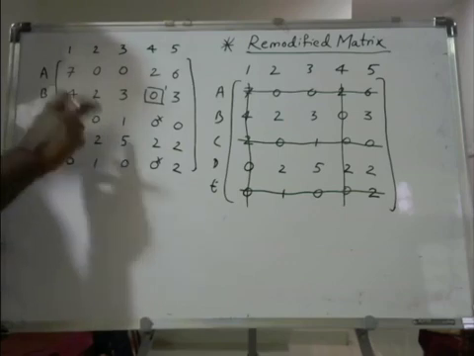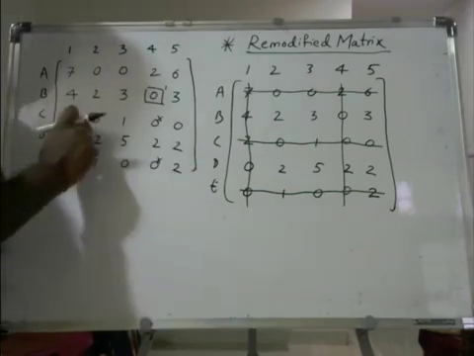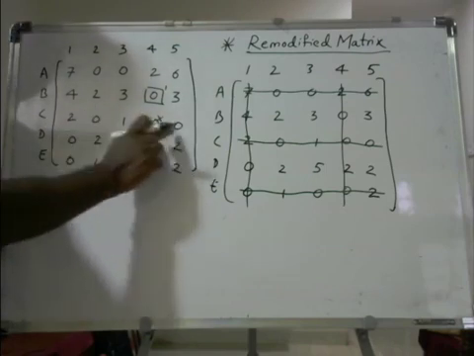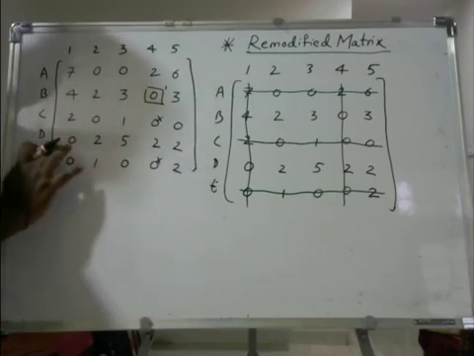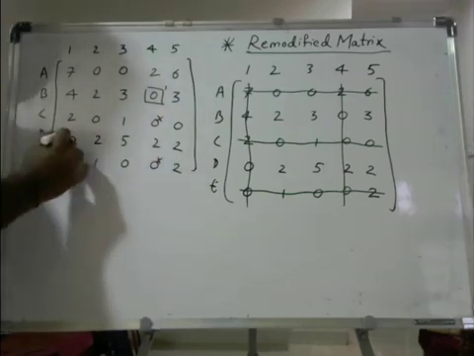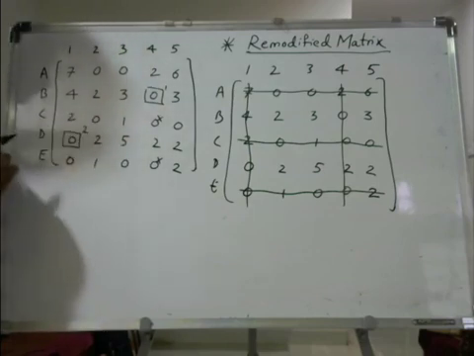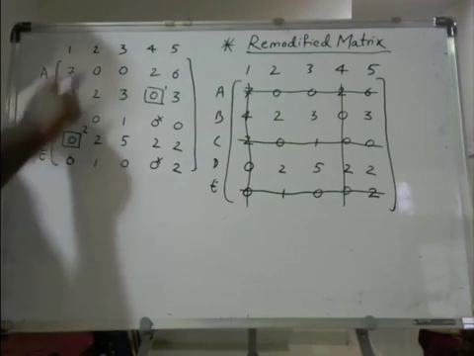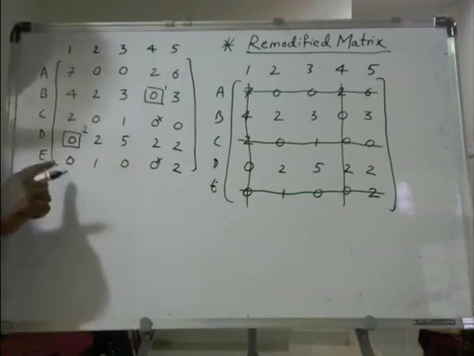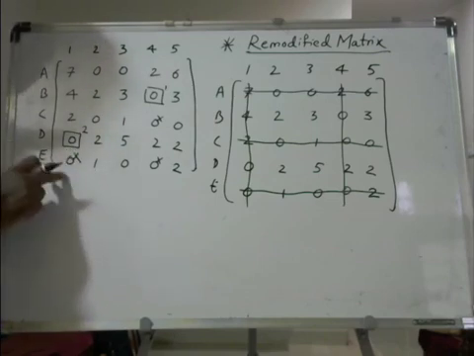Now, I will go for the next row. There are 2 zeros. Earlier there were 3, one is crossed, so there are 2 zeros. No, I cannot put a box. In the 4th row, I will get a single zero. So I can put a box here. Since this is the second one, I will write 2 here. Okay, and I have to see the corresponding column. Here there is a 0, so I put a cross sign here. So this 0 is gone.